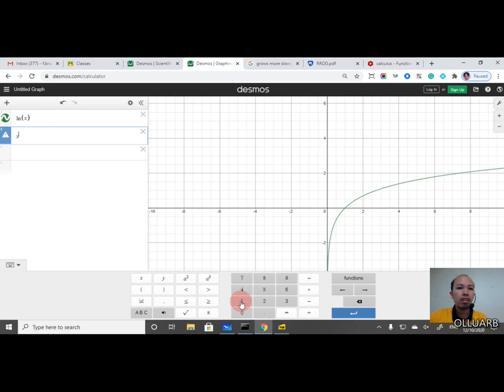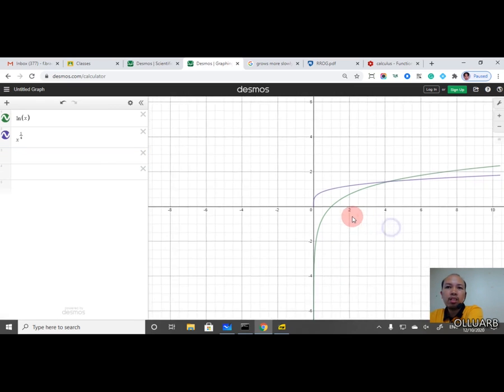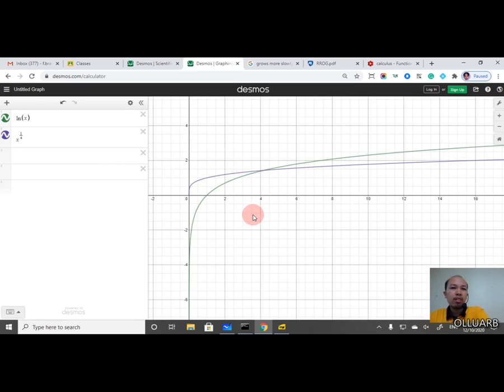Enter. As you can see in the graph, the function ln of x, or ln of n, is much greater than x to the 1/4.